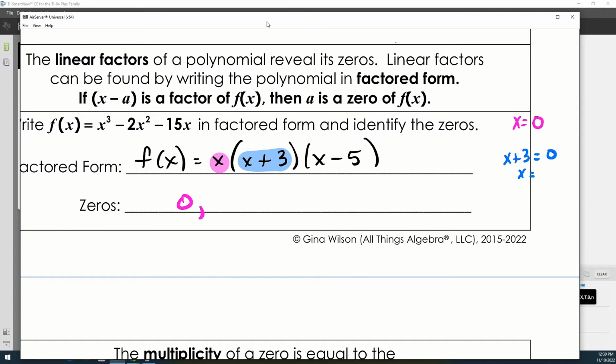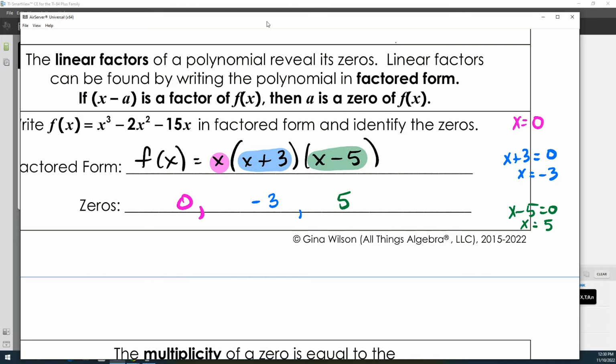So what does x equal? -3. All right, and then for this one, we would say that x minus 5 equals 0. And when we solve that, we get 5. All right, so that's definitely something you can do without a calculator.